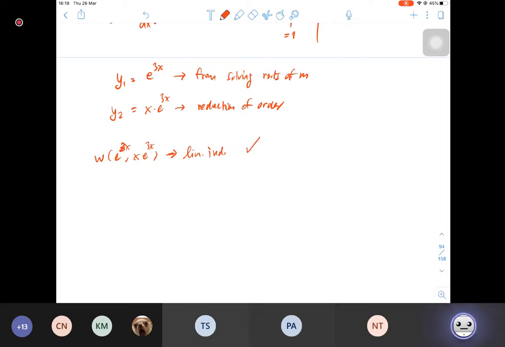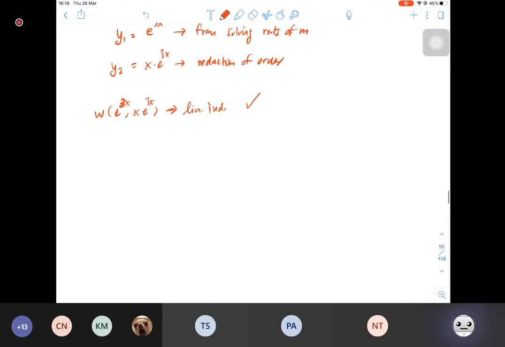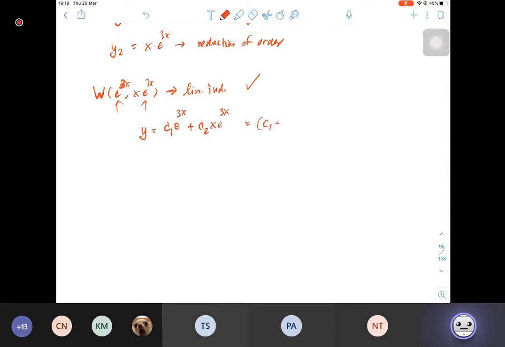We left that for you if you would like to test it. Okay. However, to condense, this is the Wronskian, right? As c1 e to the power of 3x plus c2 x e to the power of 3x. Or you can just put it into this term.